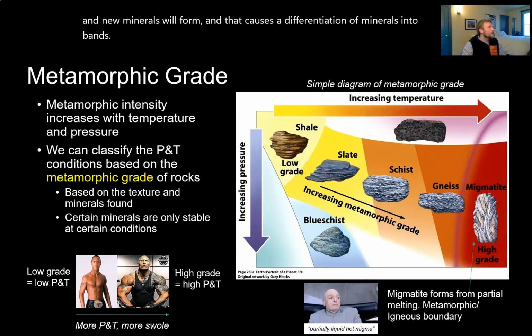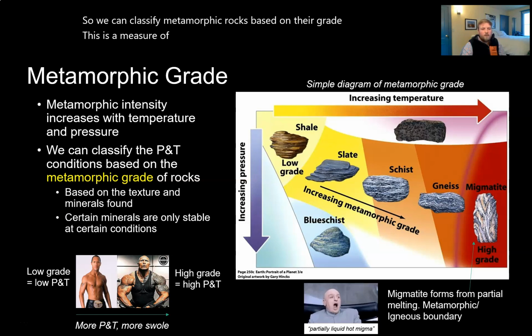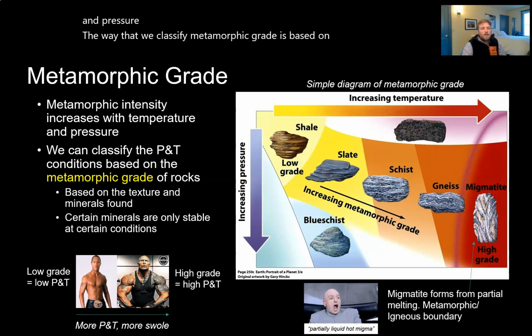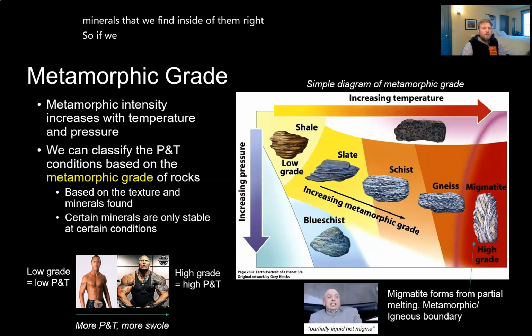So we can classify metamorphic rocks based on their grade. This is a measure of the intensity of metamorphism due to changes in temperature and pressure, okay? The way that we classify metamorphic grade is based on the types of rocks and minerals that we find inside of them. If we take our most simple type of rock to start with, a shale, it has not been metamorphosed yet.